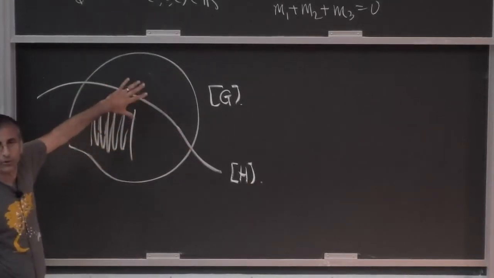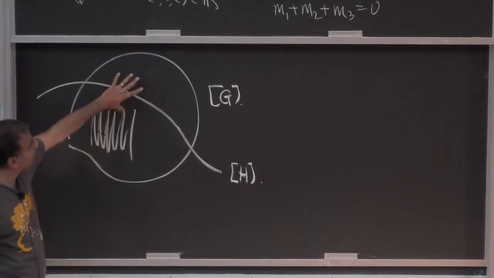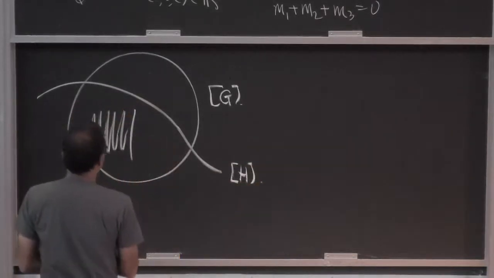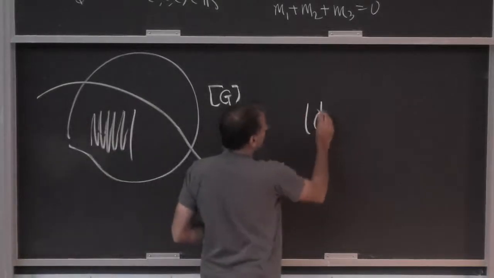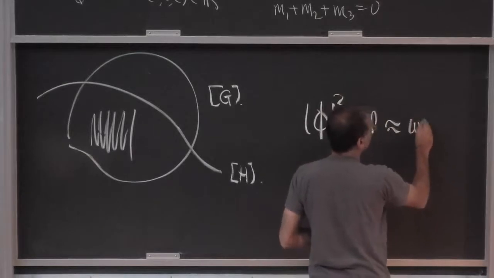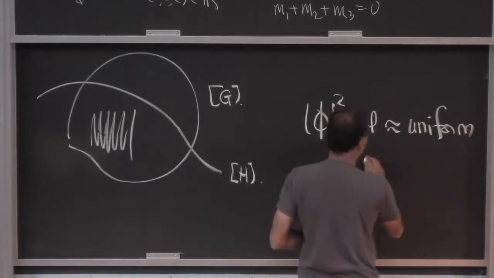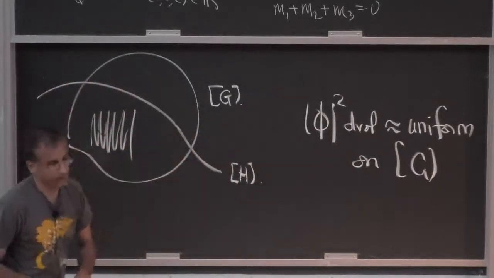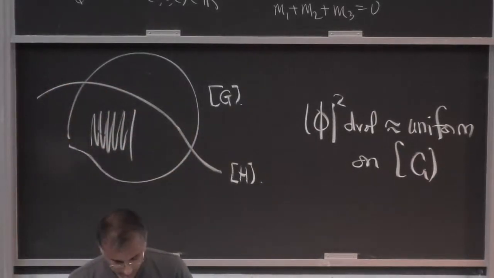But it turns out there's a trick due to Bernstein and Reznikov which allows you to thicken this for free. So once you show that this phi squared, the volume, is approximately the uniform measure on G, then you can deduce everything you need about the integral over the H.